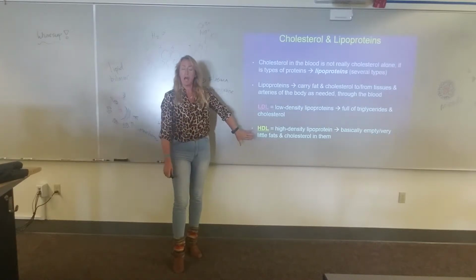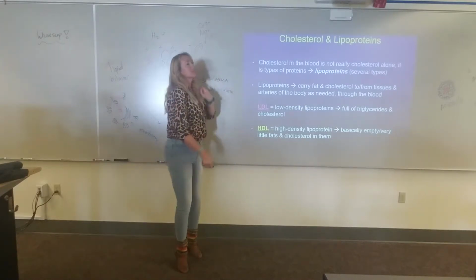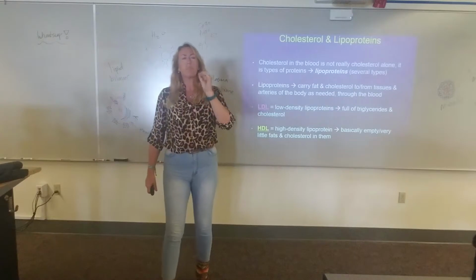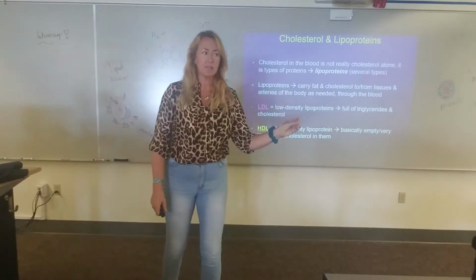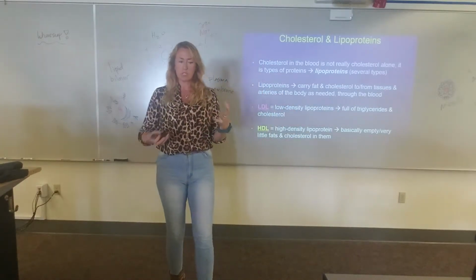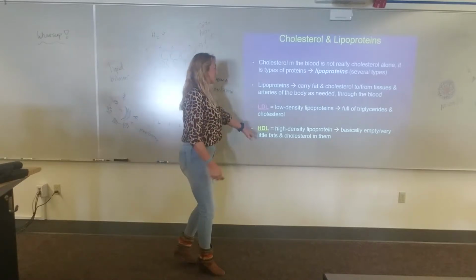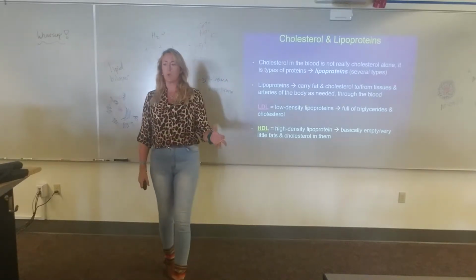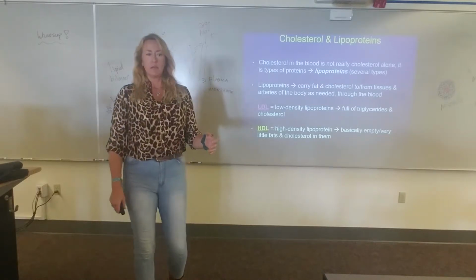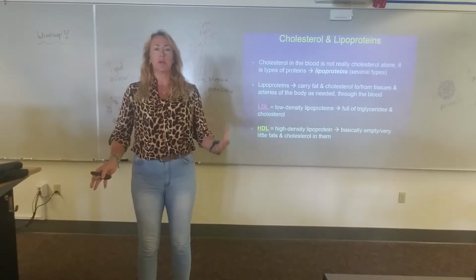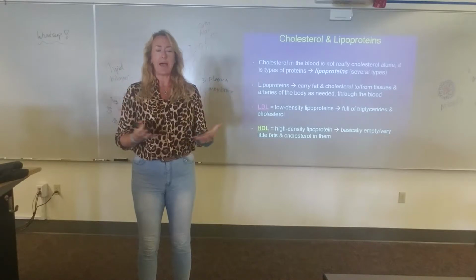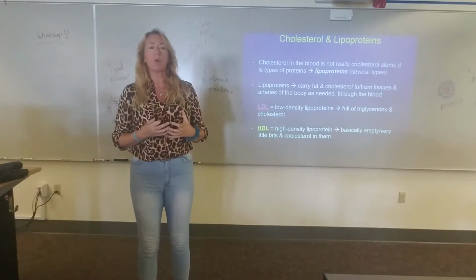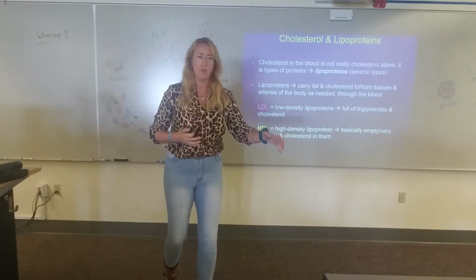But HDL, high density lipoproteins, are high density in that they're more protein than they are fat, so they're denser. They're smaller, they're denser. They basically are empty, or have very little fat and cholesterol within them. So they've sort of helped and gotten rid of some of the fat. They're not transporting around a ton of free cholesterol and triglycerides.